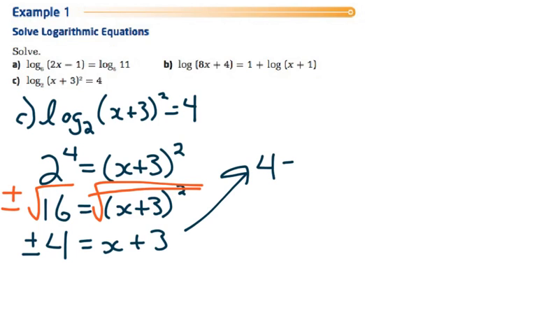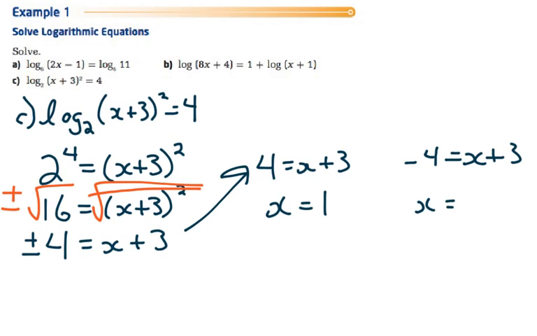One where 4 equals x plus 3, the other one where negative 4 equals x plus 3. And then solve each one of those individually. So on the left, we'll subtract 3 from both sides, and we'll get that x equals 1. And on the right, again, we'll have to subtract 3 from both sides, but we'll get that x equals negative 7.